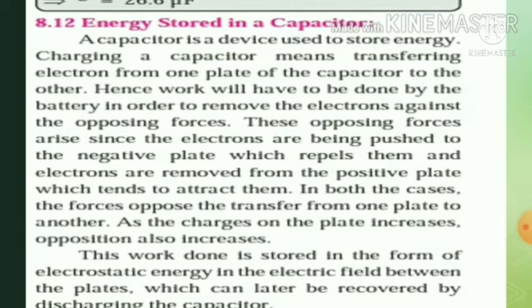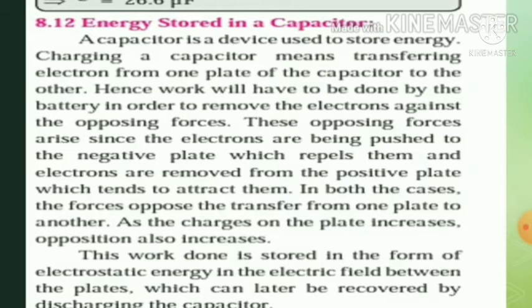These opposing forces arise since the electrons are being pushed to the negative plate, which repels them, and electrons are removed from the positive plate, which tends to attract them.